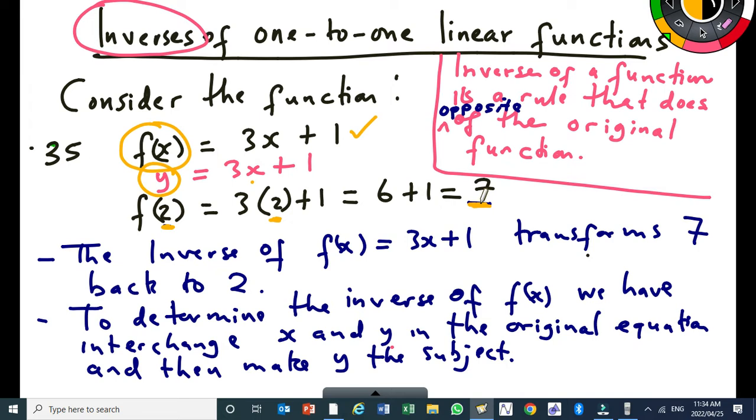You can choose another value. So let's say choose 5. Put 5 here. You get 16 where there's a 7. Which means the 16 will be the y value for the original function. The 5 will be your x. For the inverse now, the 16 becomes the x value and the 5 becomes the y value.